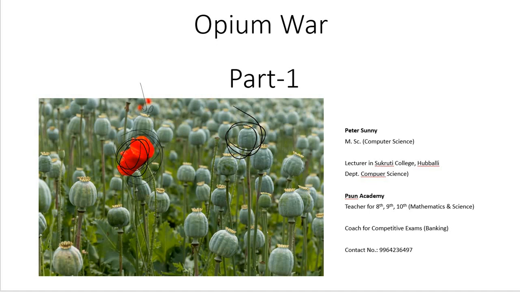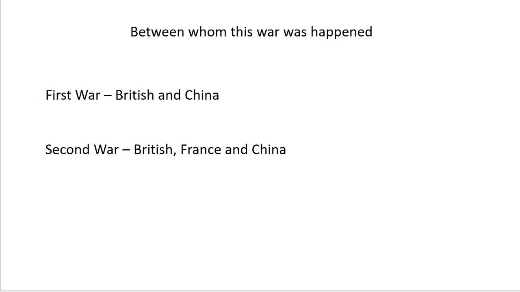Now we'll see between whom this Opium War happened. This Opium War actually happened two times. The first time, this war happened between the British and China. In the second war, the British and the French combined, and then the war happened with China.